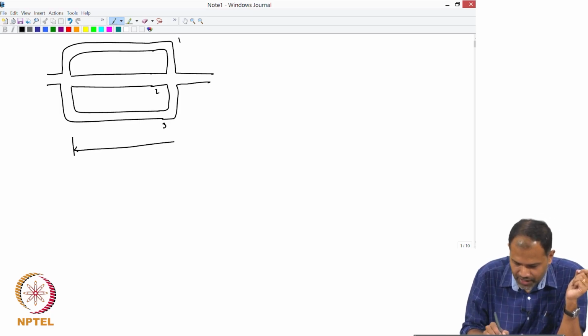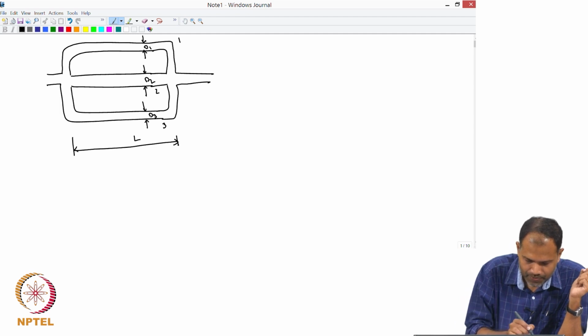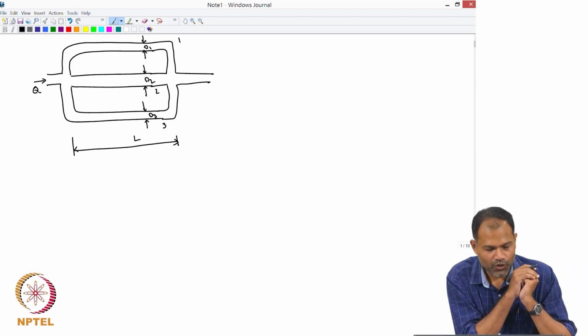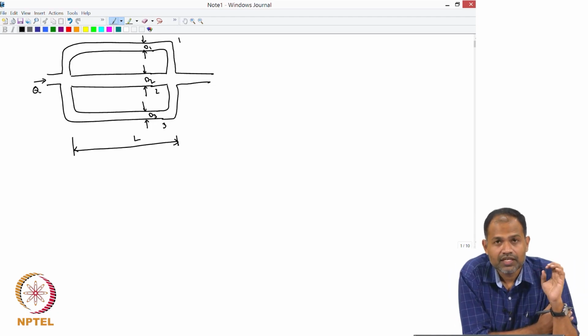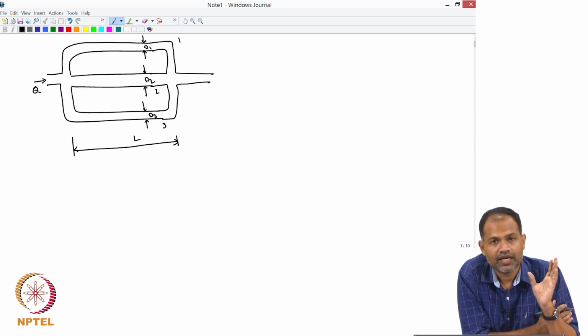All of them have a length L, and let the diameters be different: D1, D2 and D3. The fluid enters that junction with flow rate Q, and then passes through 3 tubes before joining again and coming out.